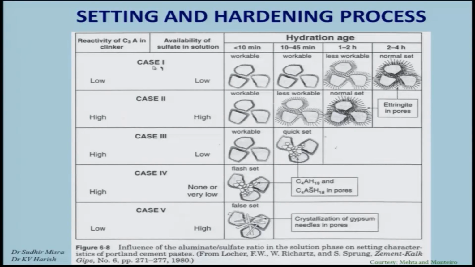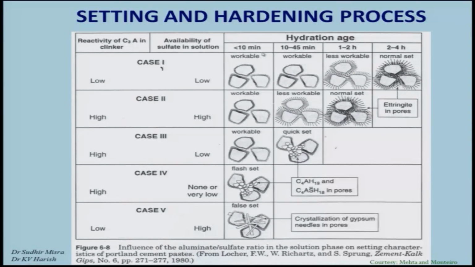Based on that you have 5 different cases. You can have a low case where the content of C3A is generally low in the entire Portland cement clinker, and the sulfates can also be generally low, but even though both are low, it can still have a molar ratio of 3.